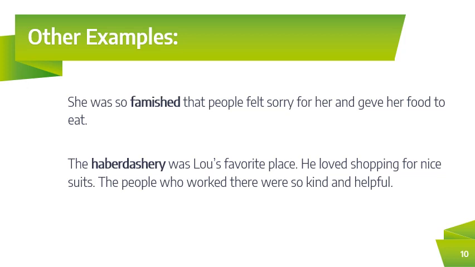It could be gave her food to eat. So we can infer that the girl here is very hungry. So we can infer that famished could mean very hungry because people gave her food to eat.